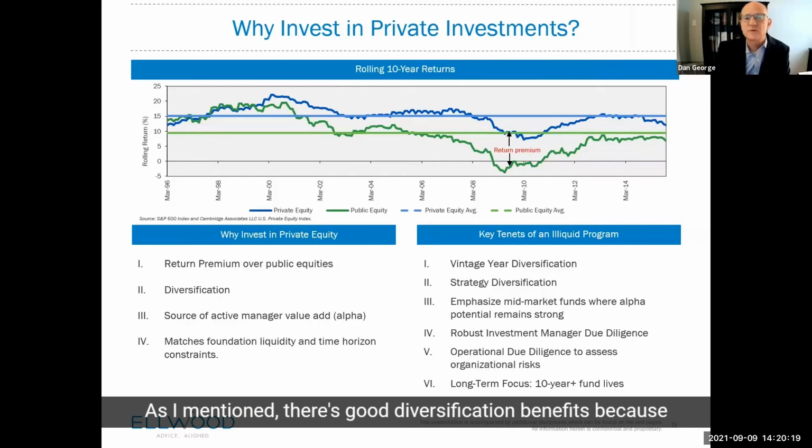As I mentioned, there's good diversification benefits because the return in your capital appreciation category is coming from a different source, a whole lot of other private companies that aren't in your public equity portfolio. There's also an added source of active manager value add.